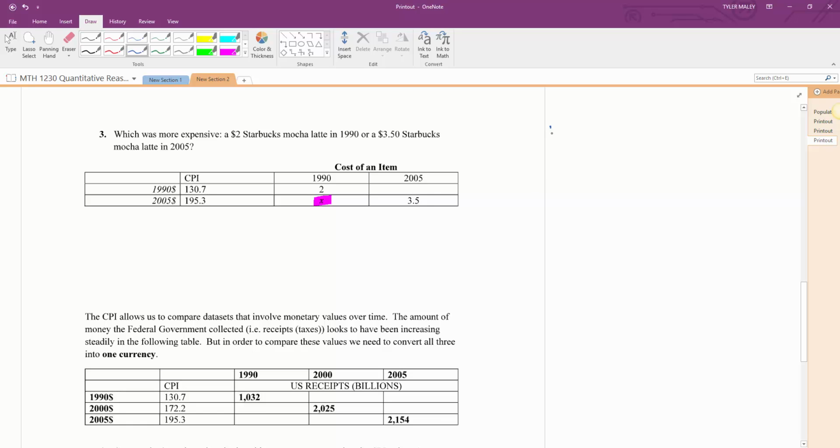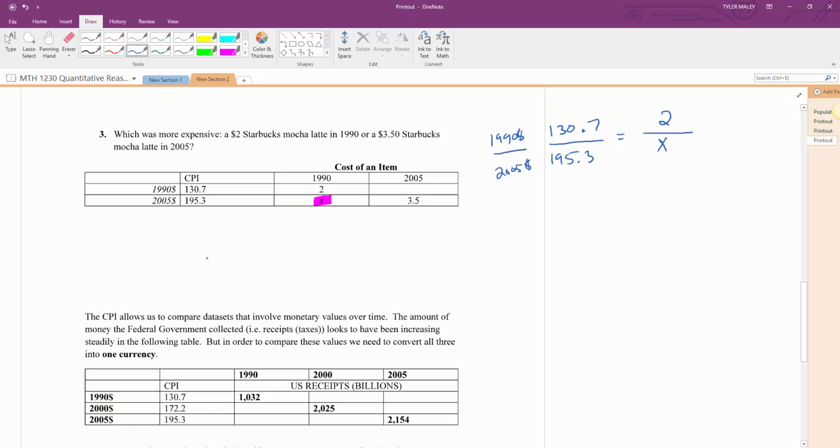So if I take 130.7 and compare that to 195.3, this is 1990 dollars compared to 2005 dollars. For 1990 dollars, we had a $2 mocha latte, and in 2005 we don't know what that would cost, so we're trying to convert that into 2005 dollars.